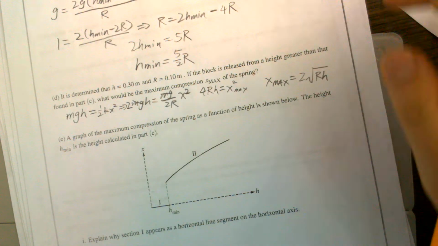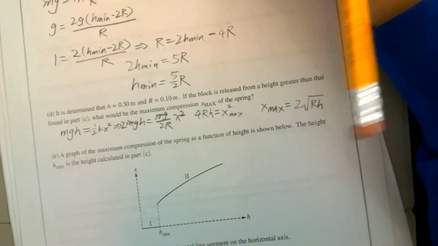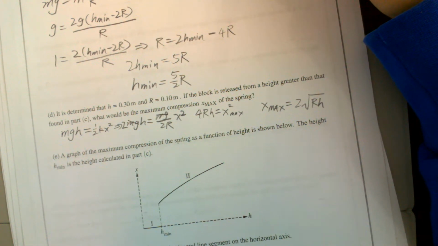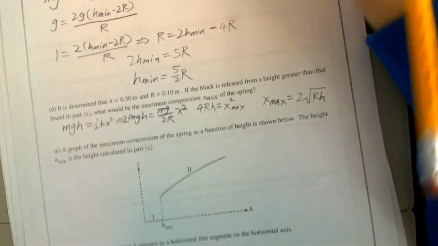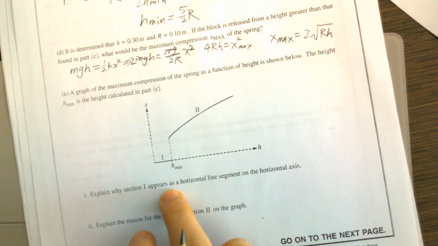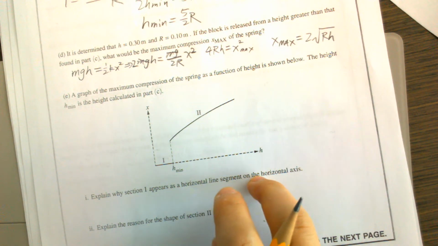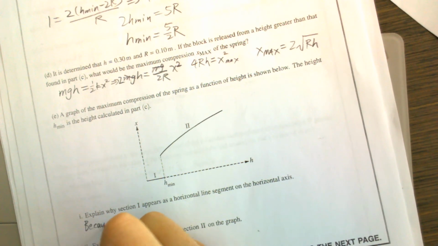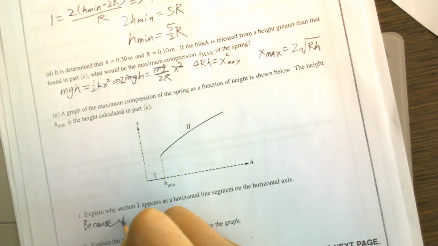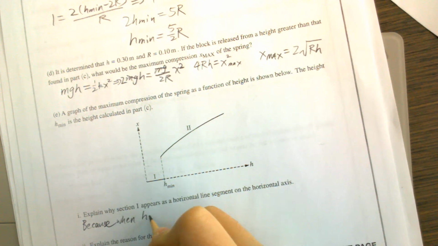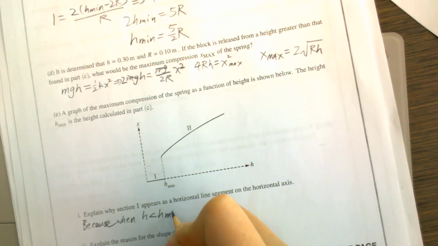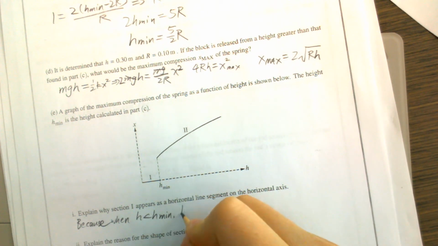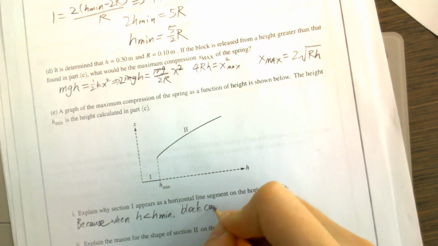Alright, so part E, a graph of the maximum compression of a spring as a function of height is shown below. The height h minimum is the height calculated in part C. Explain why section 1 appears as a horizontal line segment on the horizontal axis. Because when h is less than h minimum, the block can't pass the loop.